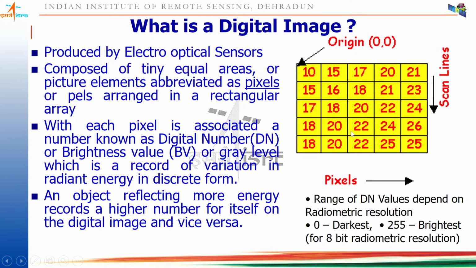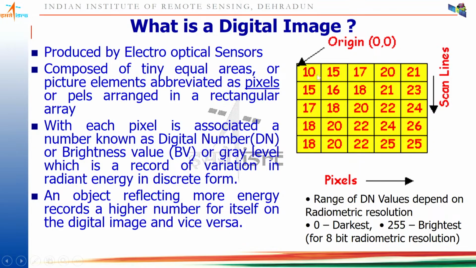On this side, I am showing a hypothetical digital image, which is 5 rows and 5 columns. The origin of this image is at the top left corner. The rows are called scan lines because they are captured as the satellite moves along, and the columns are called pixels. They are basically the linear array of detectors on board the sensor in a linear form. This is a hypothetical image.